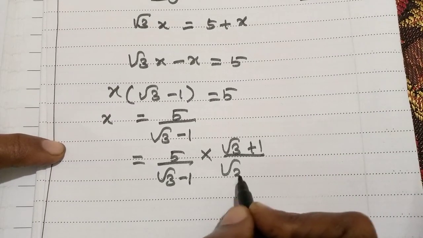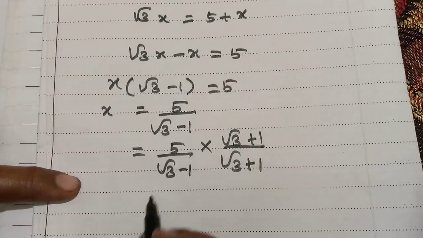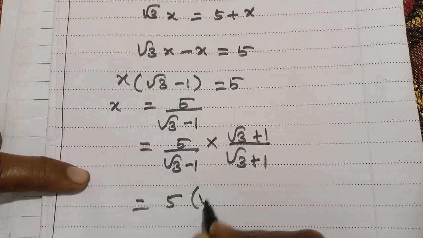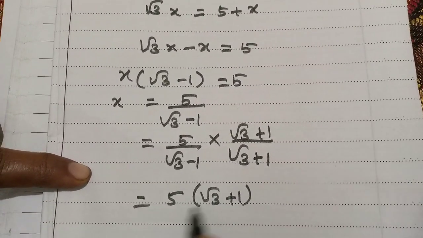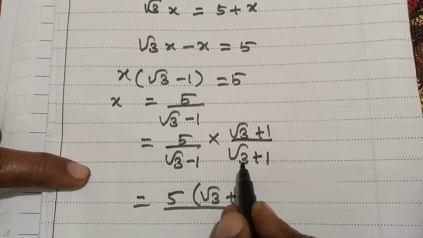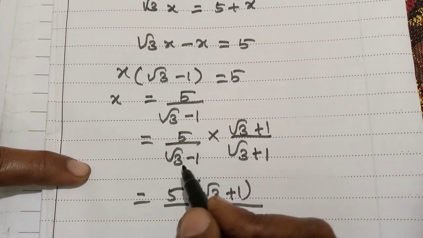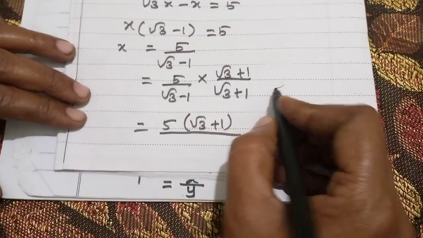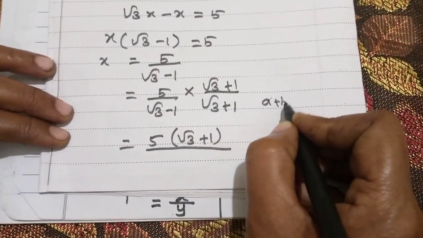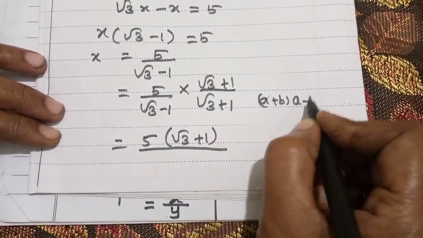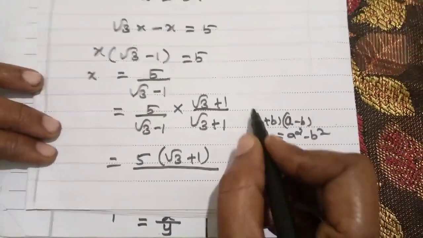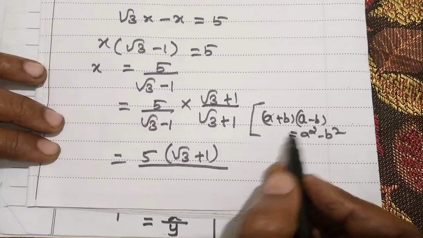Up and down we have to multiply, which is equal to 5 into root 3 plus 1 divided by, it is in the form of a plus b into a minus b, that is a square minus b square. If you need formula side you write a plus b into a minus b equal to a square minus b square. Okay, so this form we are going to use here.